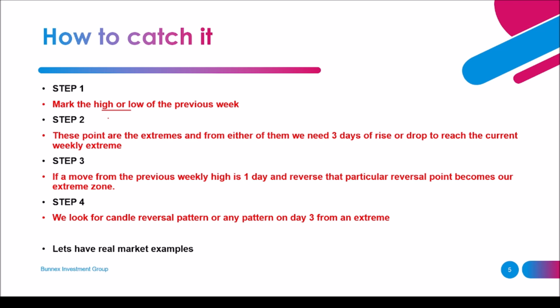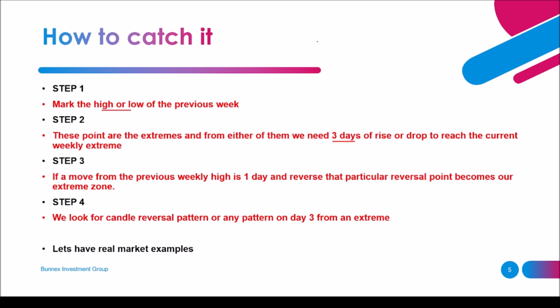You mark the high and the low. Step 2, these points are the extremes. We are saying the high and lows are the extremes, and from either one of them, we need 3 days of rise or drop to reach the current weekly extreme.